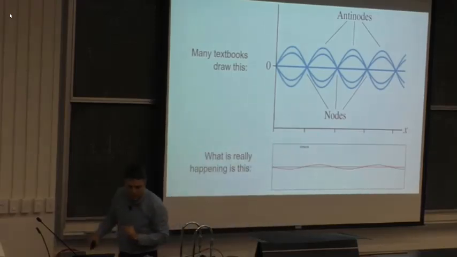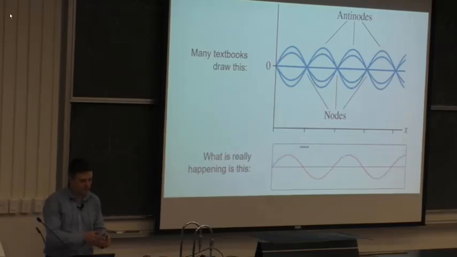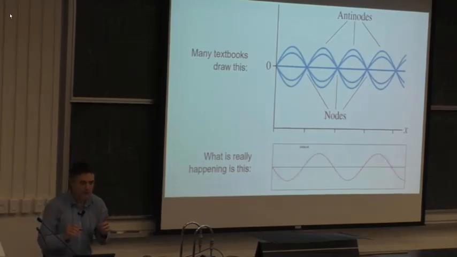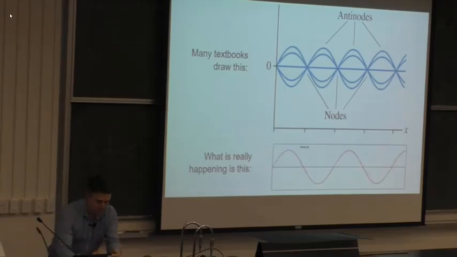And what's cool about this is that the wavelength is twice the distance between adjacent nodes. So let me write that down. Can you see why? 2 times the distance between adjacent nodes.